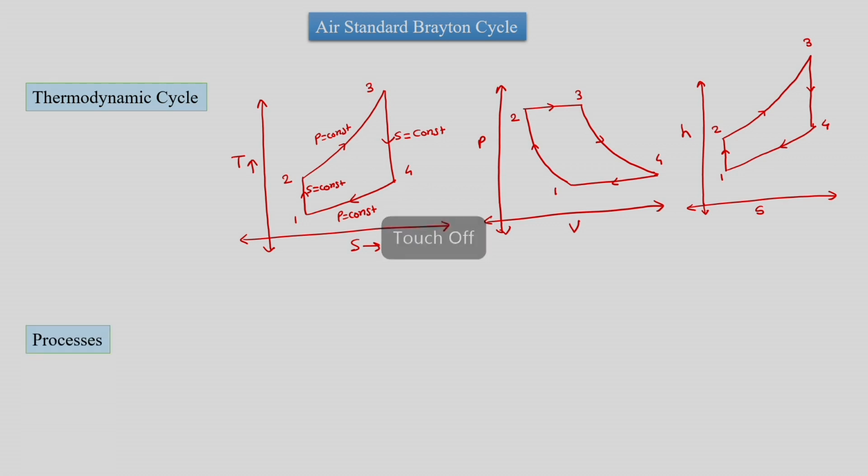So now, what are the processes? Process 1 to 2, as we said, is an isentropic compression process. And we had also said in one of our earlier classes that, unlike in an SI engine, where there are different processes but all of them are conducted in one unit, in a gas turbine each process is conducted in a different unit.